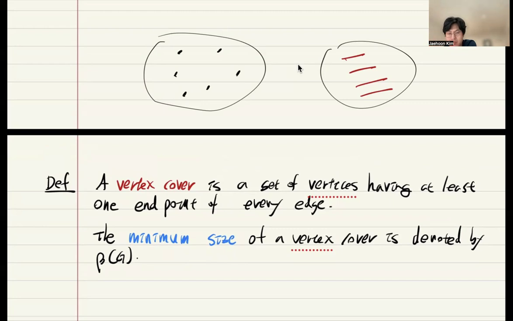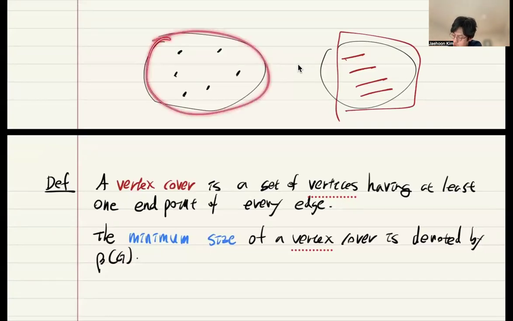You want to use vertices to cover the edges. Before, the goal was to maximize the number of edges in a certain sense. But here, we want to be as efficient as possible, so that we choose a small number of vertices so that it's incident with every possible edge.